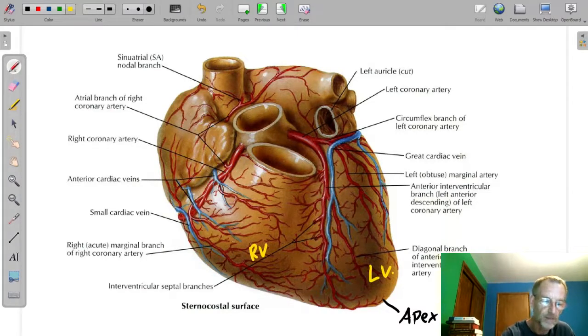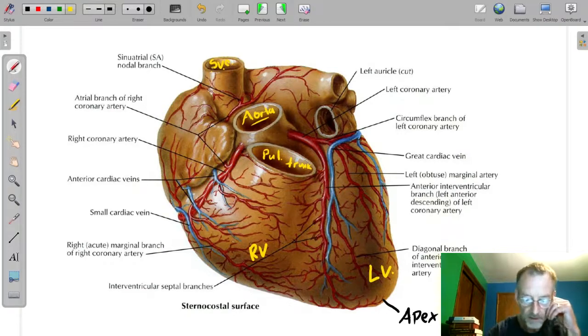That makes this the pulmonary trunk. And this is the aorta, coming right out of the center of the heart. This would make this the superior vena cava, and you can kind of go through and identify some of these others.